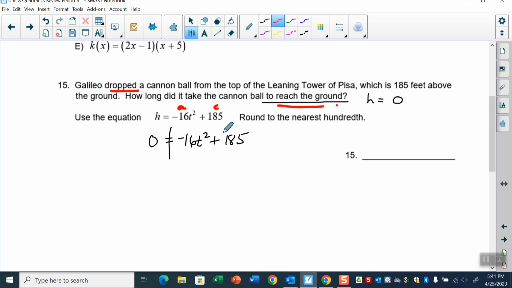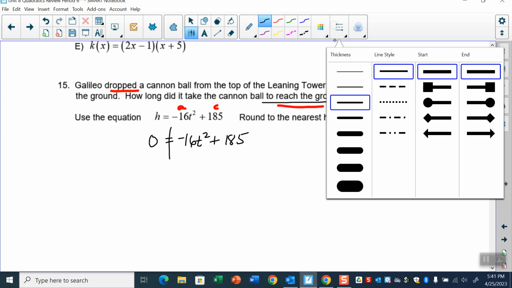And you could do that using the quadratic formula, right? You could say A equals negative 16, B equals 0, and C equals 185.